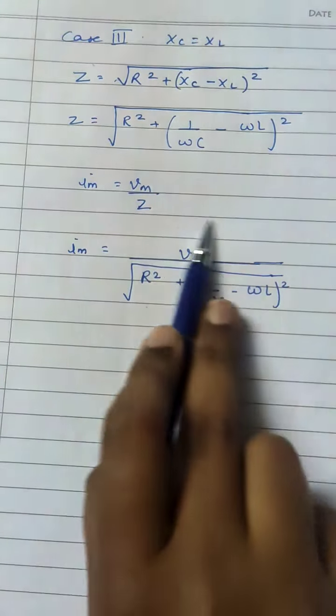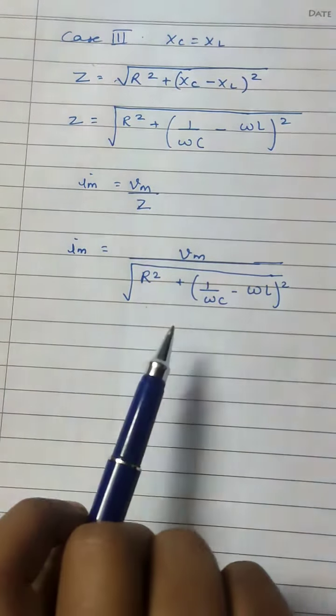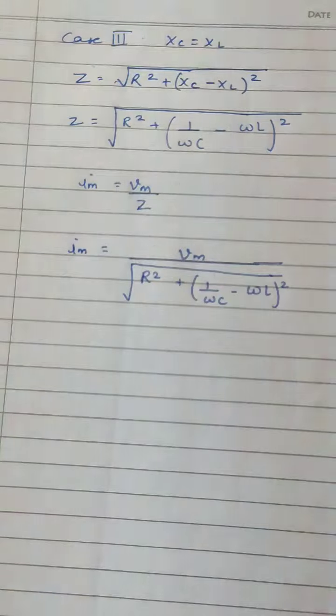From this entire equation we can see that the current depends on the angular frequency, omega, of the alternating current.